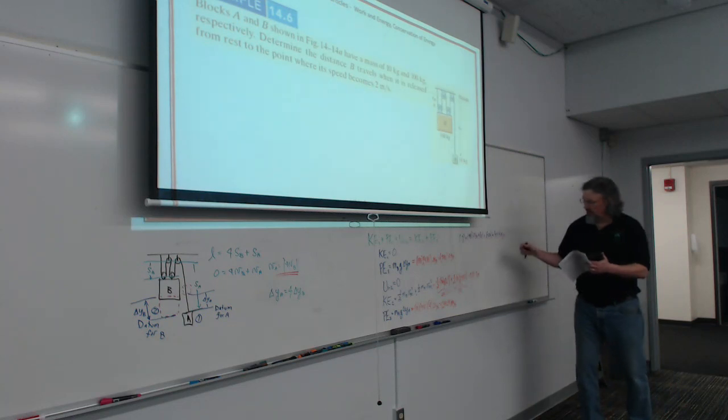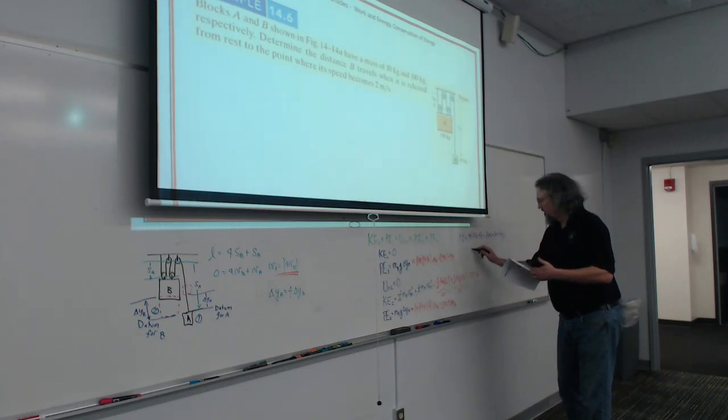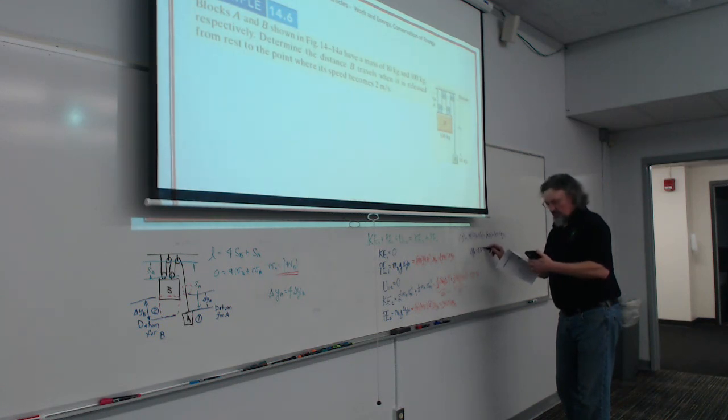So we end up, and then we can take the 520 and divide that 520 by 588.6, like that there. So we're saying that the amount of change in YB is going to be 0.8835 meters.